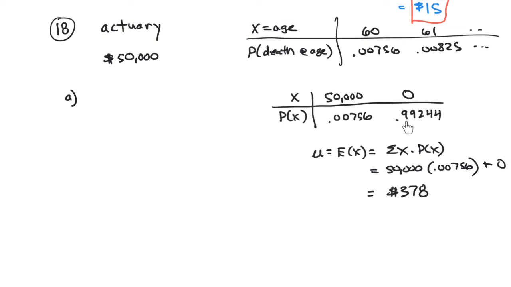There's over 99% chance that the person will live, and so the insurance company will pay out $0. But if there's thousands of clients, some of them will die, right? So this expected value, this 378, comes from a long-term average. Think of it like this. At the end of the year, the insurance company looks and says, okay, who did we have to pay out? And they look down the list, and it's based on this, right?